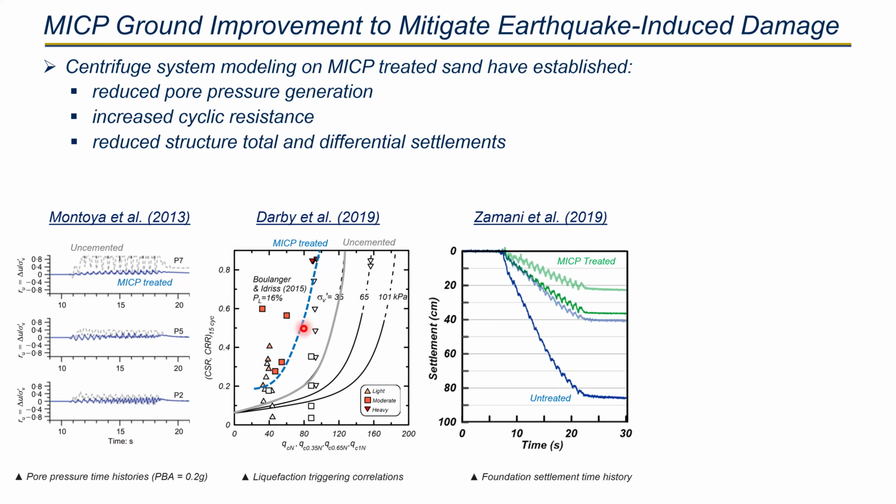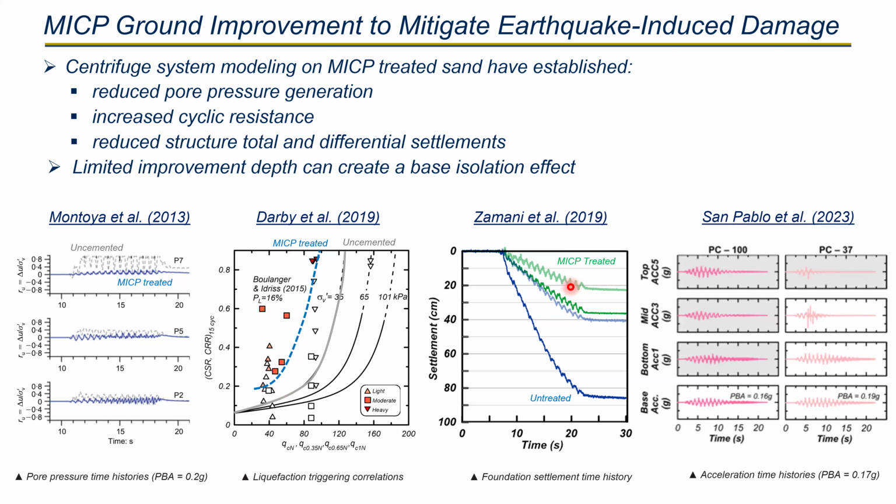And they moved on to the 9-meter centrifuge test. Atif Zamani conducted a 9-meter test with a complex soil stratigraphy with a very simple foundation on top of it. They figured out that the MICP treatment can reduce the structure's total and differential settlements.